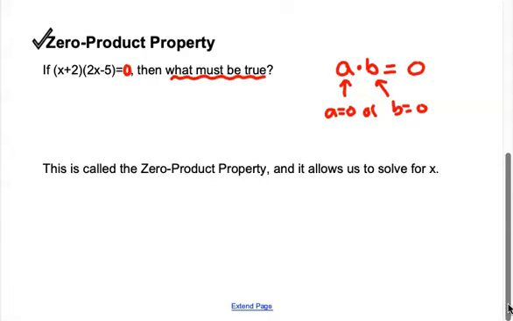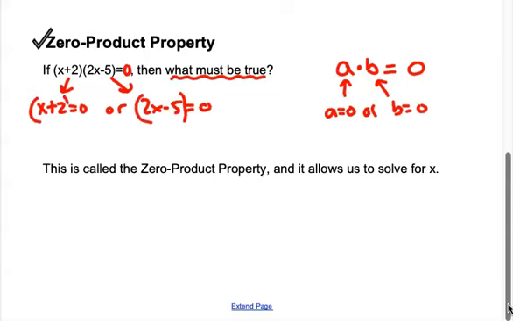Because if I'm multiplying a times b and getting 0, that tells me that either a is 0 or b is 0. Otherwise, if they're both not 0, they're not going to multiply to 0. It's impossible. So back to the original question. If x plus 2 times 2x minus 5 is equal to 0, either x plus 2 equals 0 or 2x minus 5 equals 0.